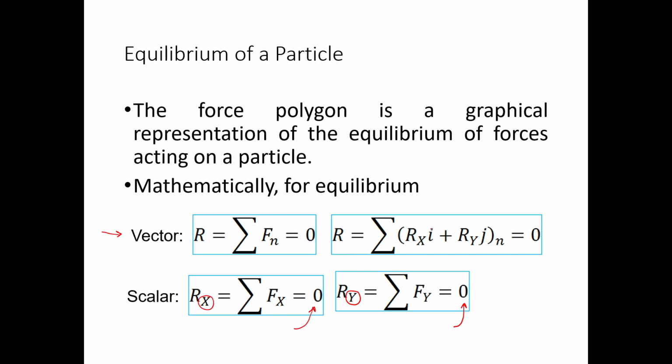So again, this i and j here is just indicating the direction of your forces. i meaning it's in the x direction, j meaning it's in the y direction. So again, we are going to use two equilibrium equations: summation of forces x, then summation of forces y is equal to 0.